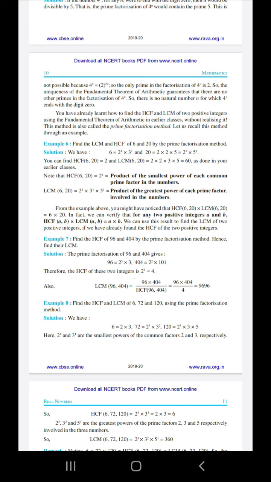So the only prime in the factorization of 4 to the n is 2.